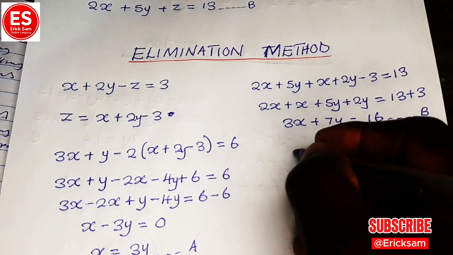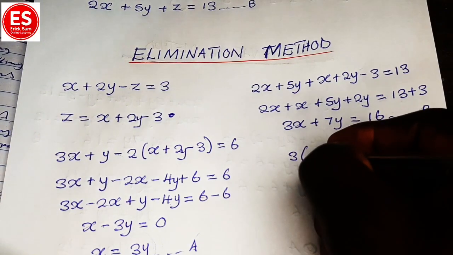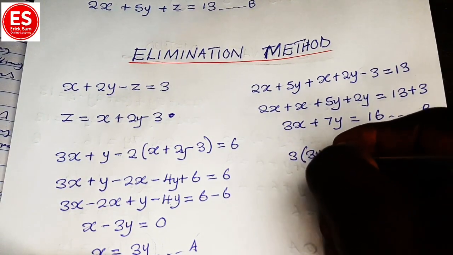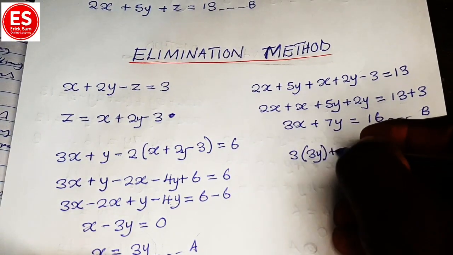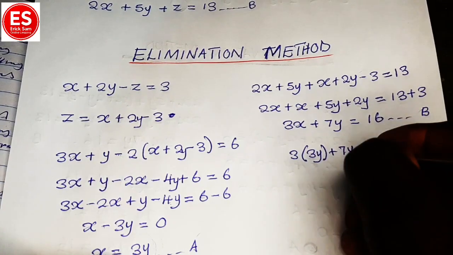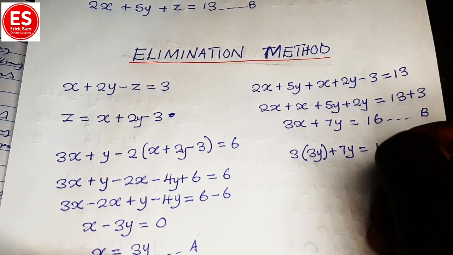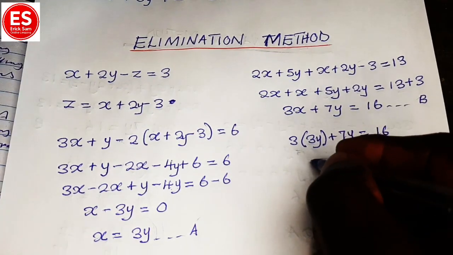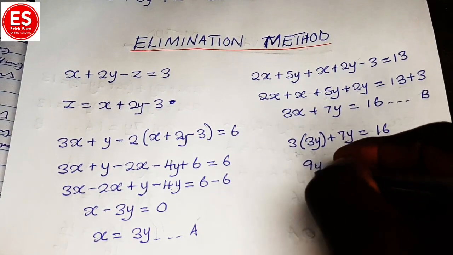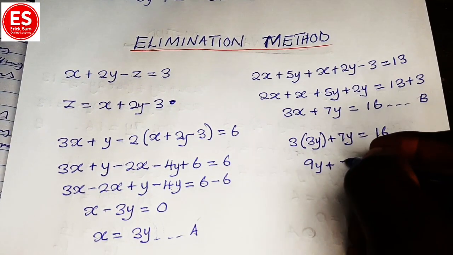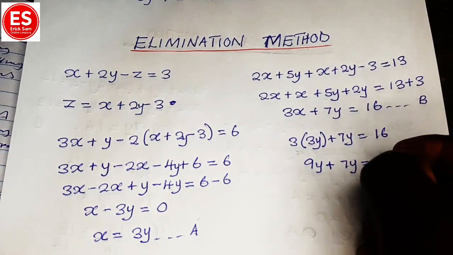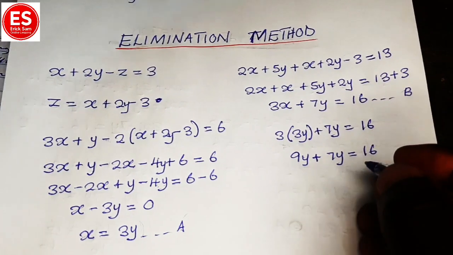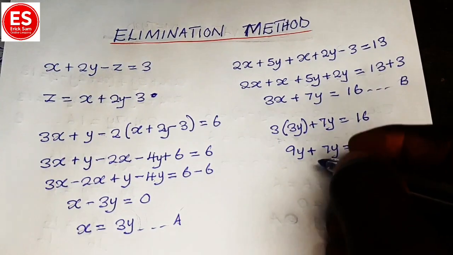So we're going to say 3 open, then 3y, plus 7y, which is equal to 16, right? If you multiply here, you're going to have 9y plus 7y, which is equal to 16 there.